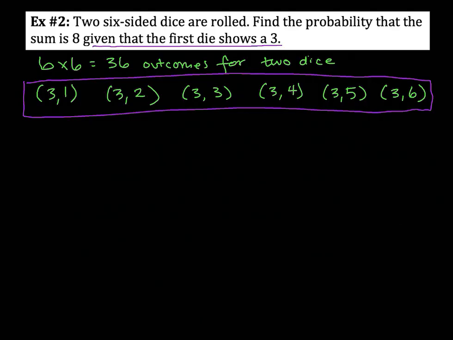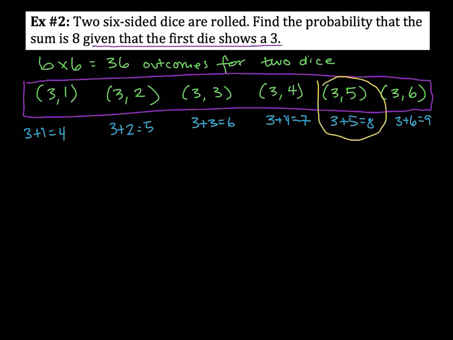And so let's see how many of these equal 8. 3 plus 1 equals 4, so that doesn't work. 3 plus 2 equals 5, so that doesn't work. 3 plus 3 equals 6, that doesn't work. And 3 plus 4 is 7, that doesn't work. And so this one's going to work. This is the only one that's going to work, because this is 9. This is the only one that has a sum of 8.